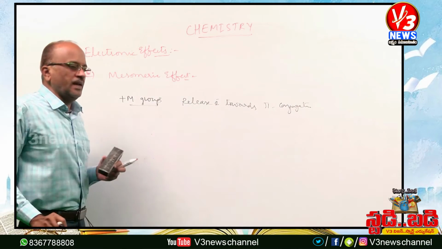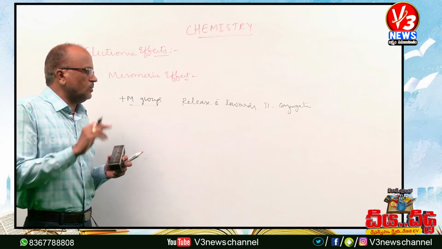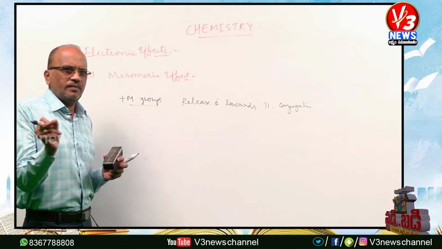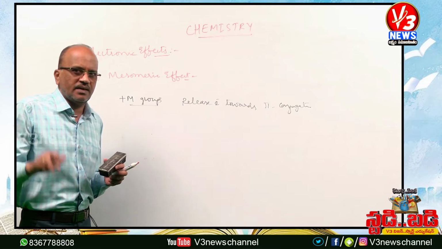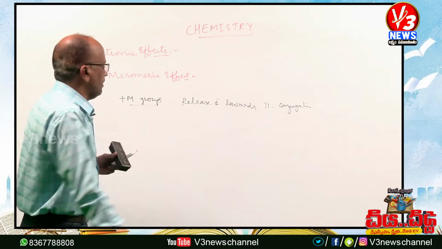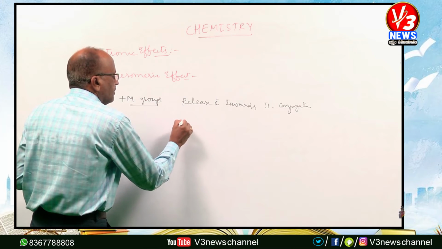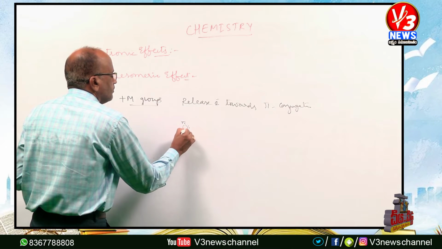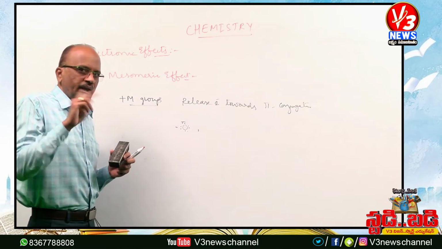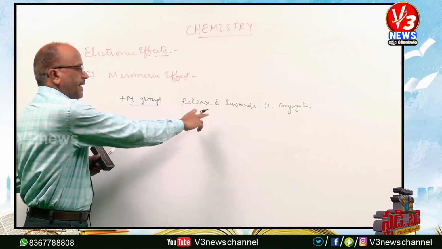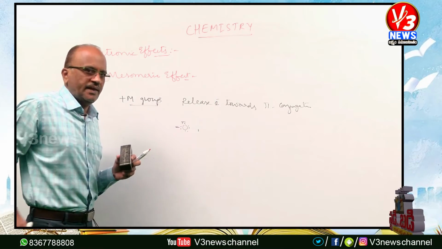So to show this plus mesomeric effect, the atom which is attached to this carbon with a pi bond should contain either a negative charge, that is excess of electrons, or a lone pair of electrons. So if we take the oxide ion, the same oxide ion shows minus I effect, but when it is in conjugation with the pi bond, it shows plus M effect.